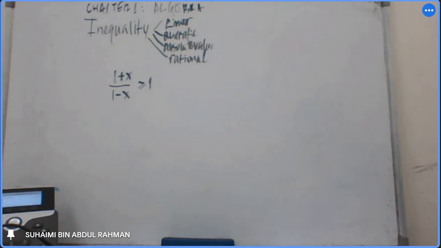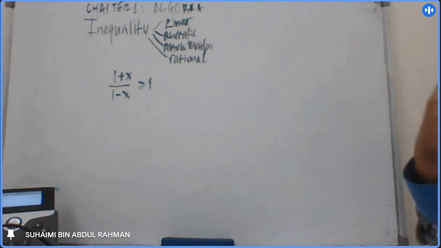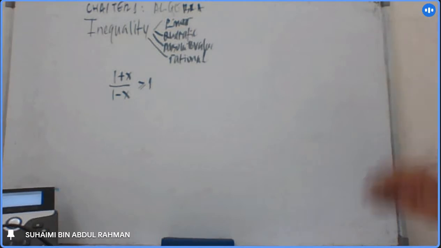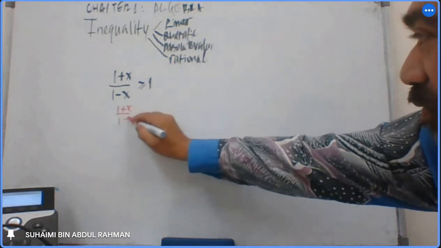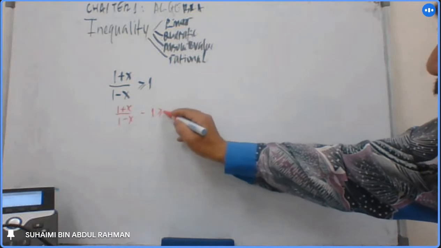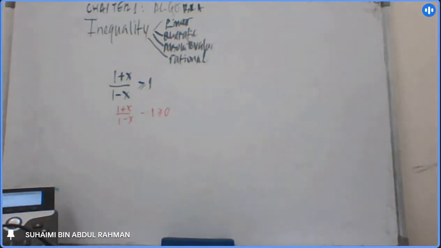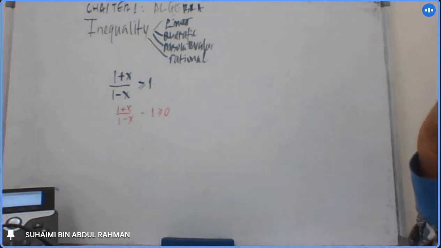So what we do is the same as before, the same as when we solve a quadratic inequality. We make the right-hand side 0. So (1 plus x) over (1 minus x) minus 1 is greater than or equal to 0.